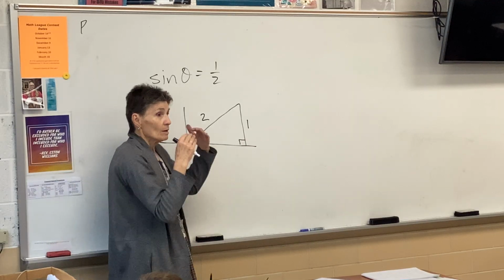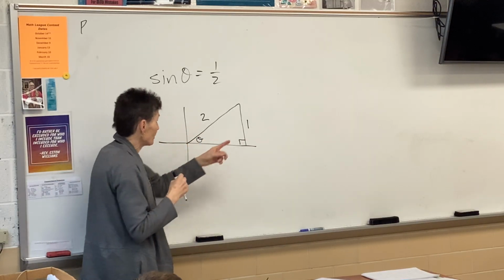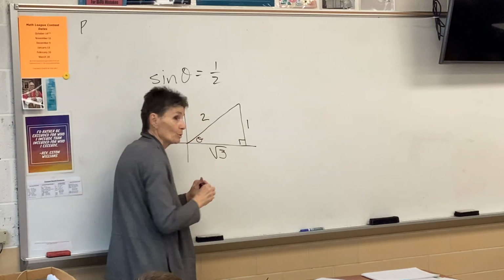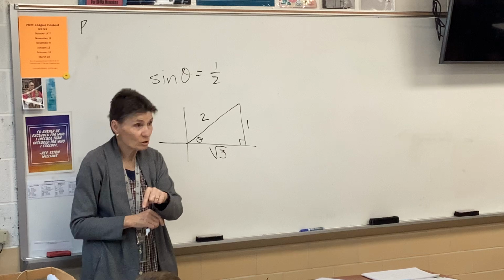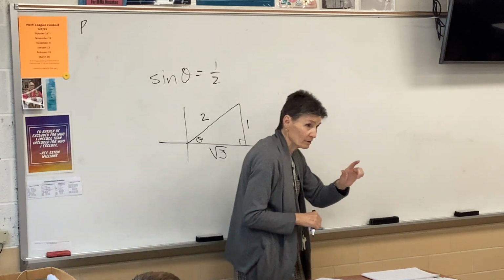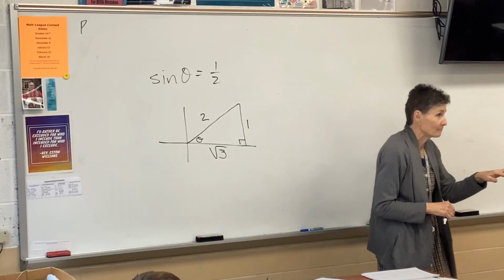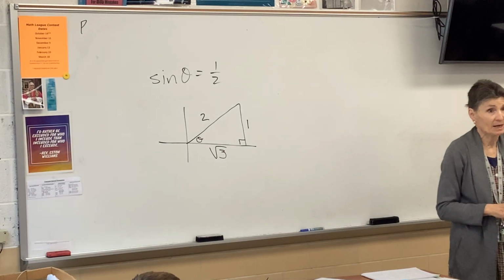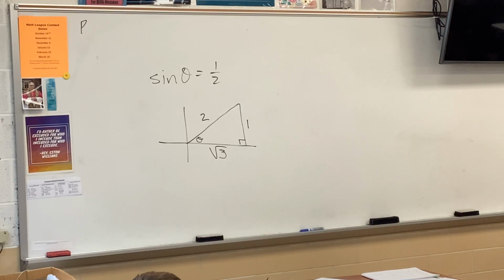Now, we looked at these numbers yesterday. When you see a 1 and a 2, this guy is going to be a root 3 because that's one of your special angles. Hint, hint, if you're not allowed to use a calculator, your angle's going to be special. So it's going to be a 30, 60, 90, or a 45, 45, 90. Those are the only ones we have memorized. Other than that, we need a calculator.